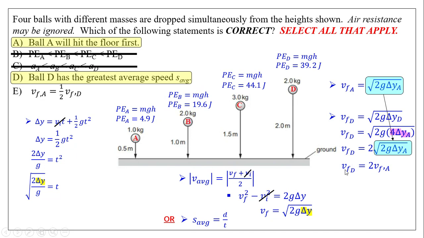So I have the final velocity for object D is 2 times the final velocity of object A. The statement says VFA is 1/2 VFD. If I solve for VFA here, I need to divide both sides by 2, which makes it VFD divided by 2, the same as multiplying by 1/2. So I'm going to say that choice E is also correct.